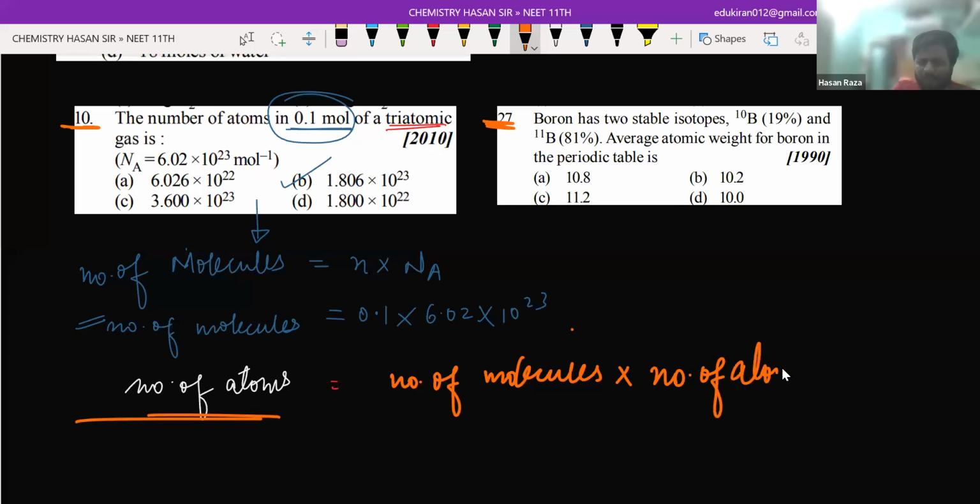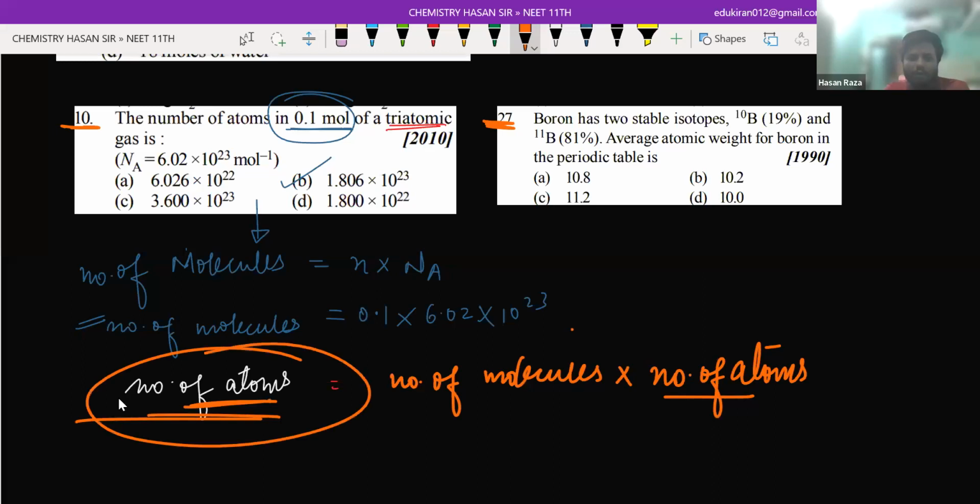What does this number of atoms mean? You can see both are contradicting. Basically, this is the total number of atoms in a mole, and this is the number of atoms present in a molecule. Like it is triatomic. So A3, if I have written, that means it has 3 atoms. Are you getting my point, Rishita?